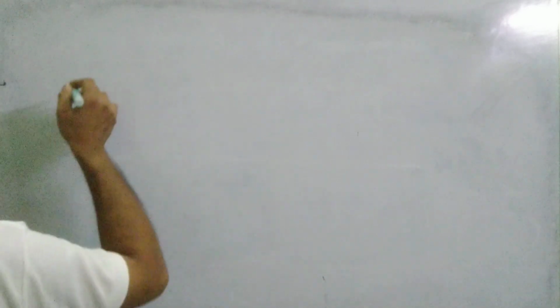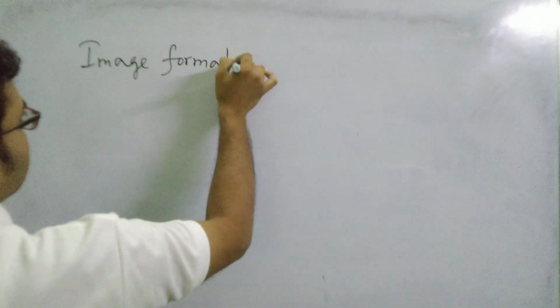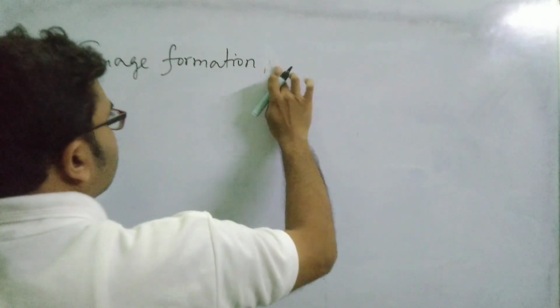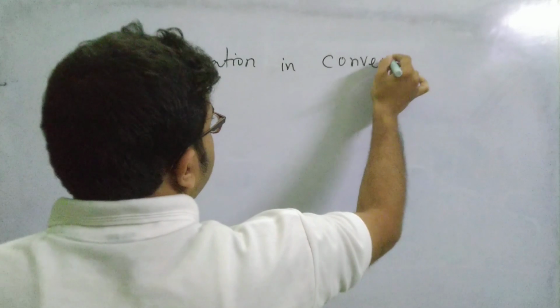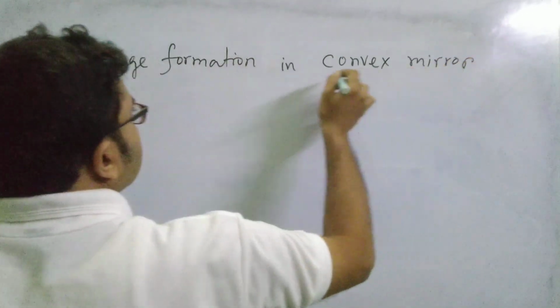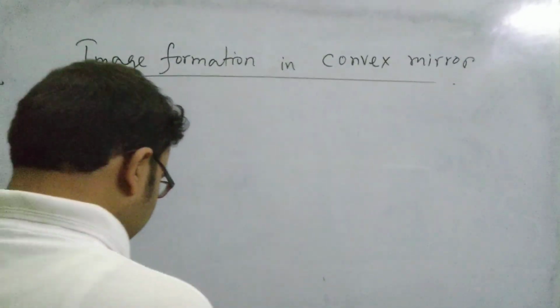So today we are going to see the image formation in a convex mirror. Basically, what is the convex mirror like?